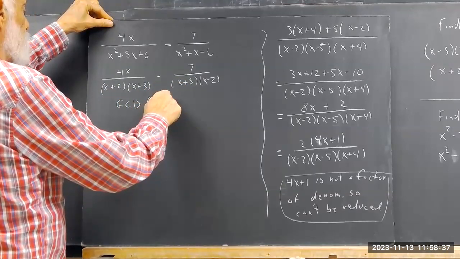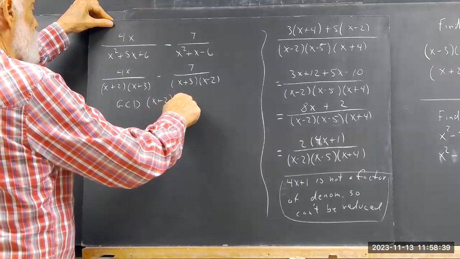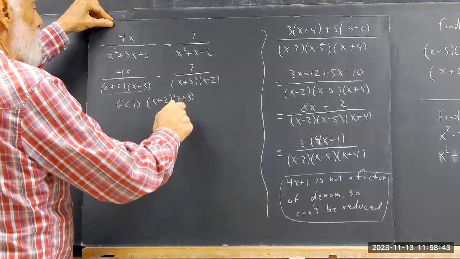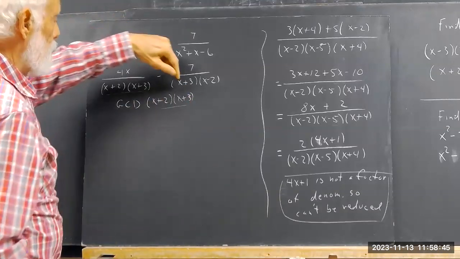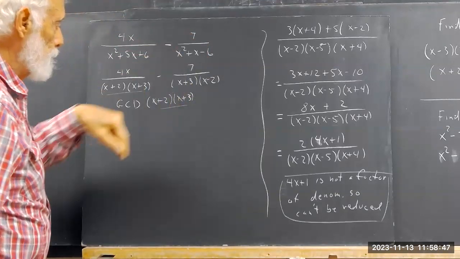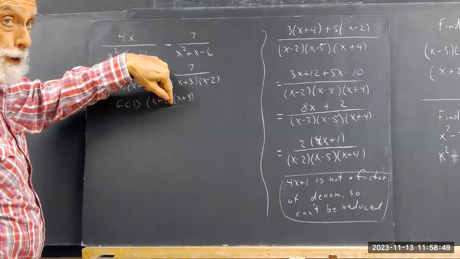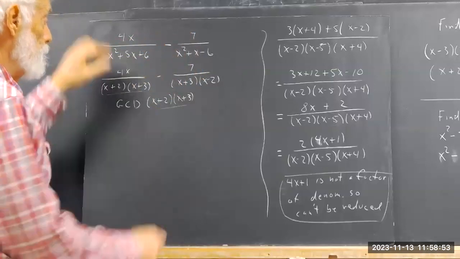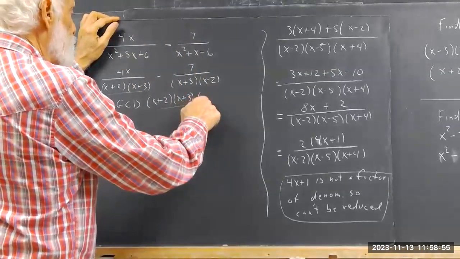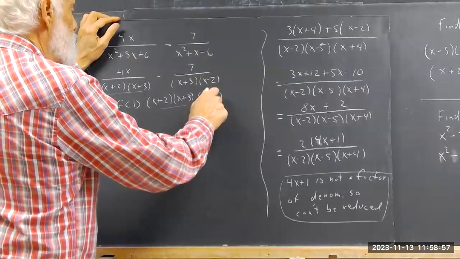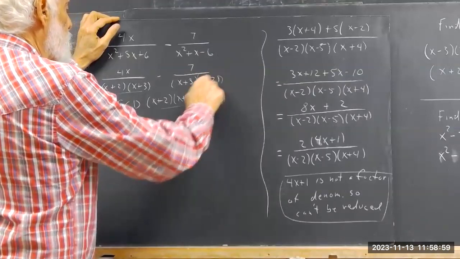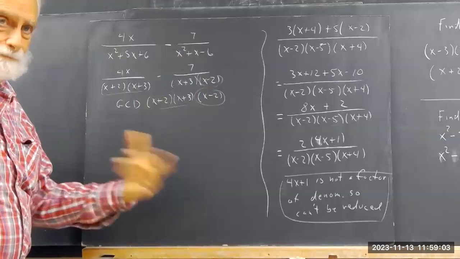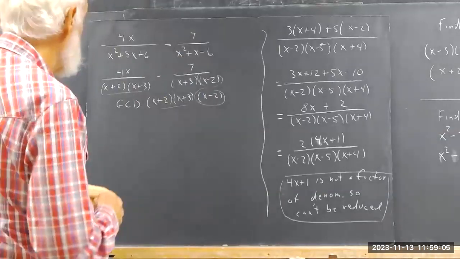It's got to have x plus 2 and x plus 3. That's from here. And then it's also got to have both of these factors. It has x plus 3, so we don't need it. But it doesn't have the x minus 2, so we're going to have to add that from here. And those circles and underlines don't have to be there. I'm just making them to make sure we understand where they come from.